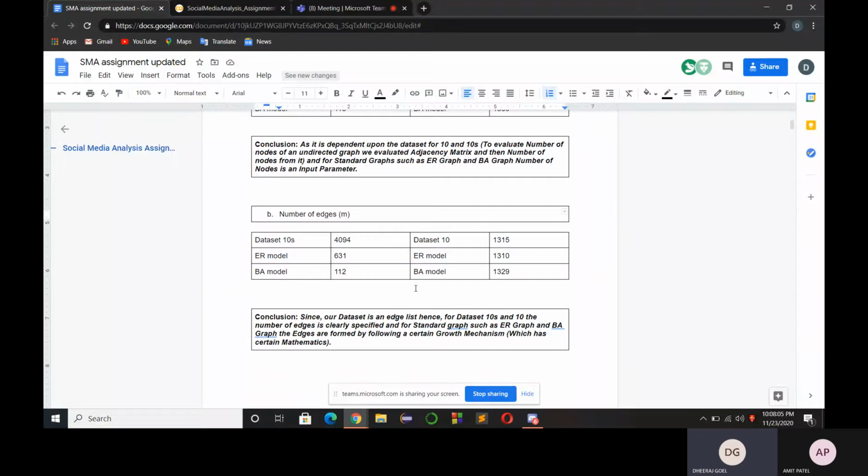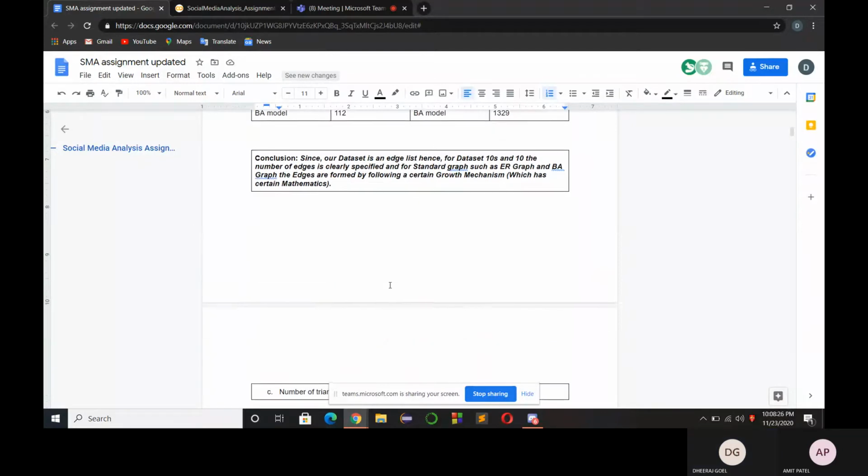The number of edges may differ because of certain growth mechanisms which the different models follow according to some mathematics. In the dataset we had a total of 4094 edges, in the ER model we got 631, and for the BA model it is 112.